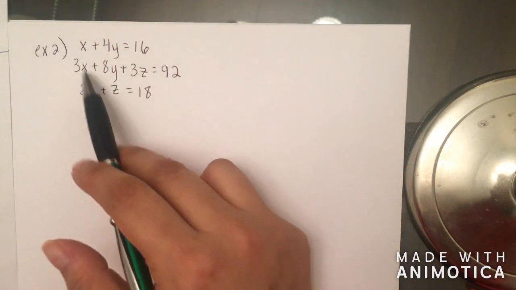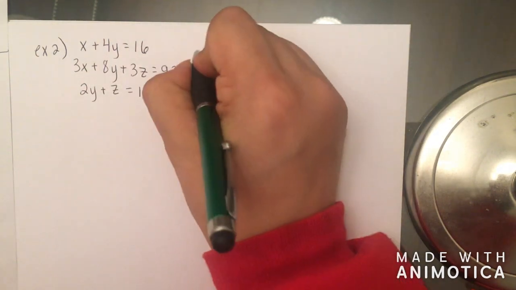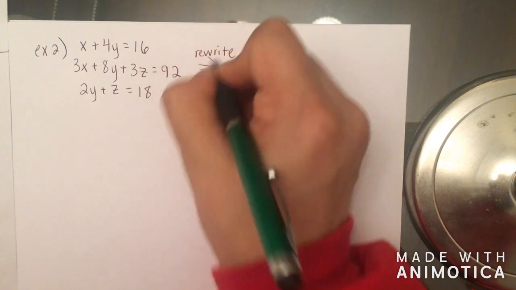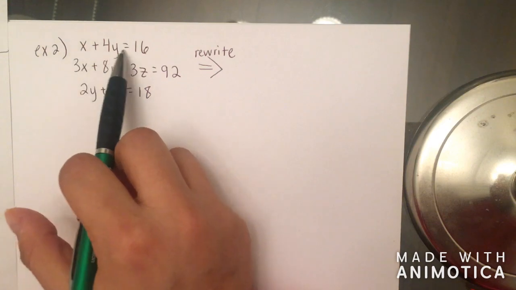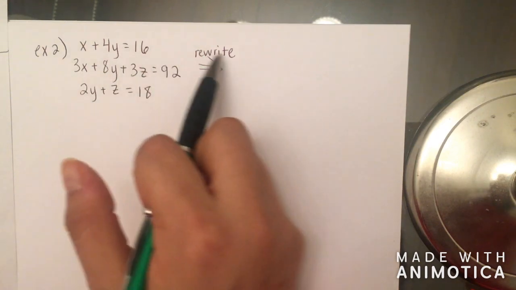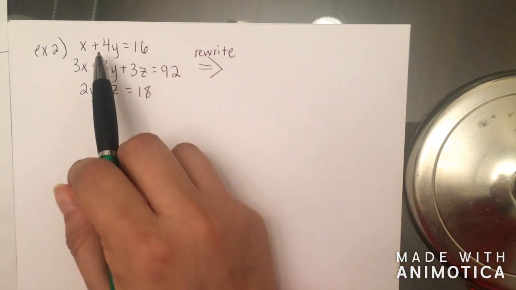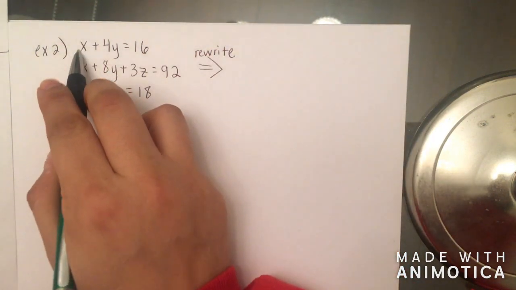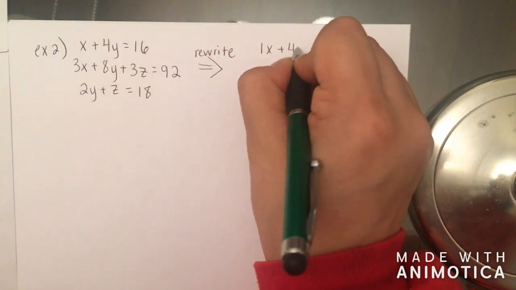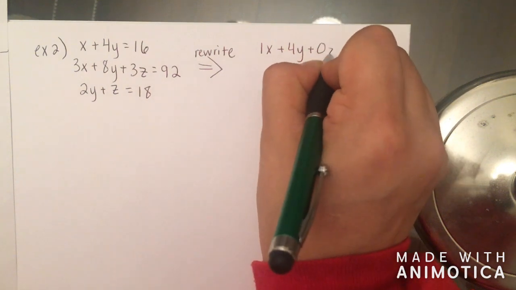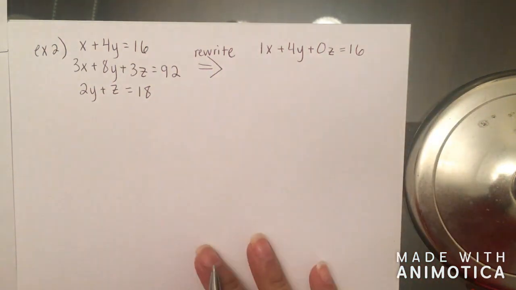Okay, so the reason why I wanted to go over this first is because I'm going to rewrite this. Why? Because if you take a look at this first equation, we are missing the z's. So I'm going to put zeros in front of the variables that I don't have. So x is the same thing as 1x. So I'm going to write 1x plus 4y plus 0z, because I don't have any z's, equals 16.